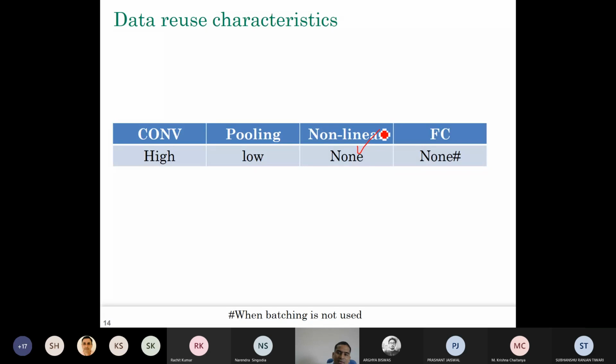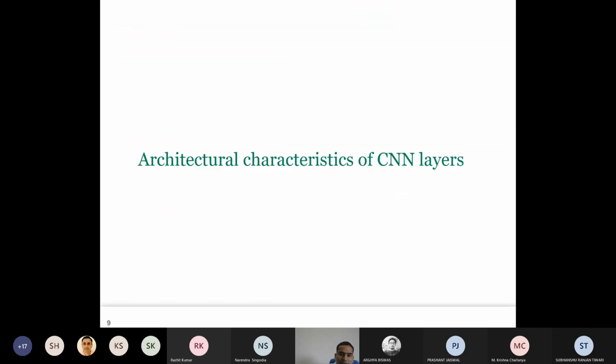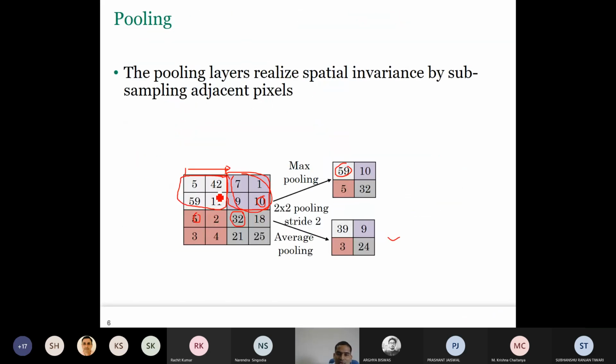Now, nonlinear layers don't have any reuse. Pooling layers have low reuse. Here I've shown a stride of 2, so you don't see any reuse. You just read once and put the output. But for a different stride value, you could see some reuse. Suppose the stride was 1.